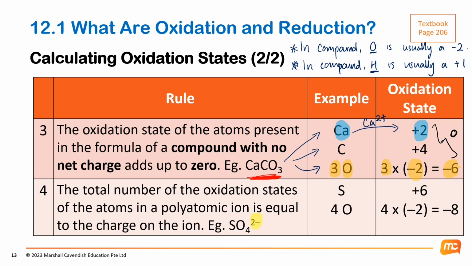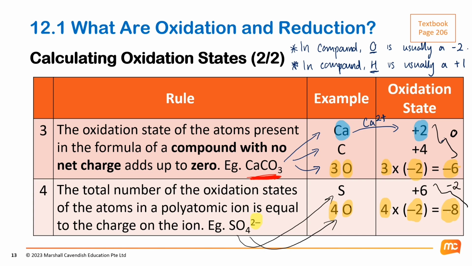Same thing, let's look at sulfate, right? There will be a total of 1 sulfur and 4 of the oxygen, of which each of the oxygen, like what I said just now, in a compound is a -2. You have 4 of them, so it's going to be 4 times -2, which is going to be a -8. Now, how do you know what's the sulfur? We know that eventually the number must add up, not to become 0, but to become a -2, because there is this charge over here.